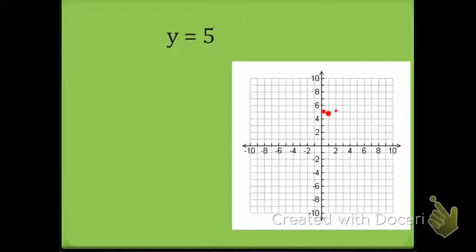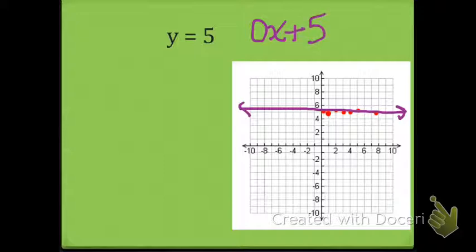So you just mark all along the way, and you find that you have a flat line right at 5. It also could be written as 0x plus 5, which means you start on 5 and you go up 0, and so it doesn't matter which way you do it.